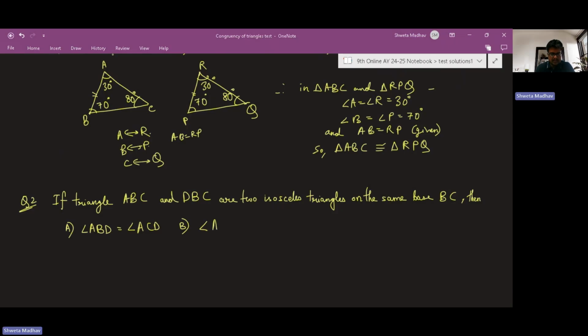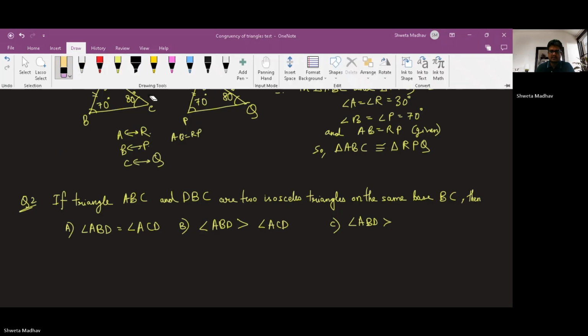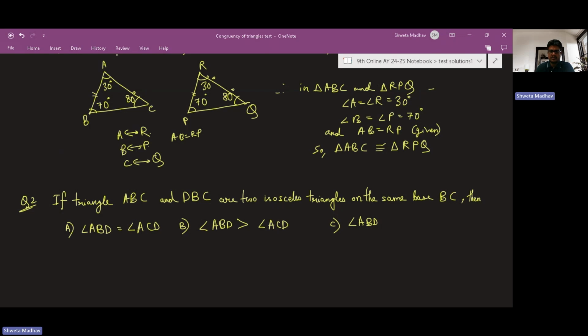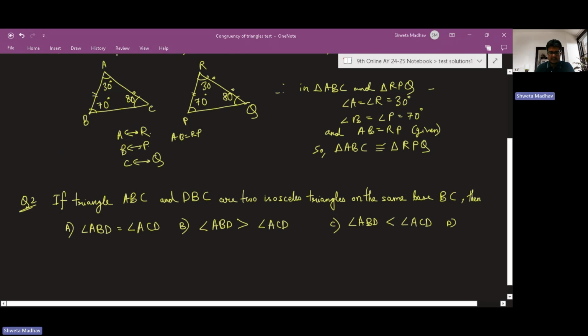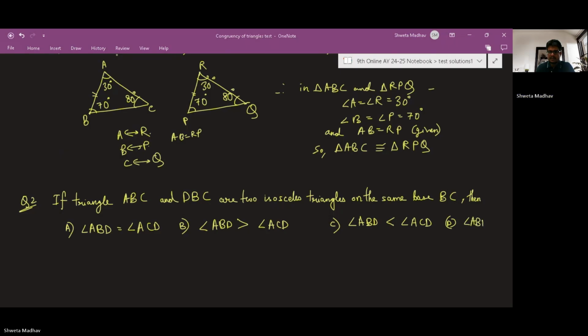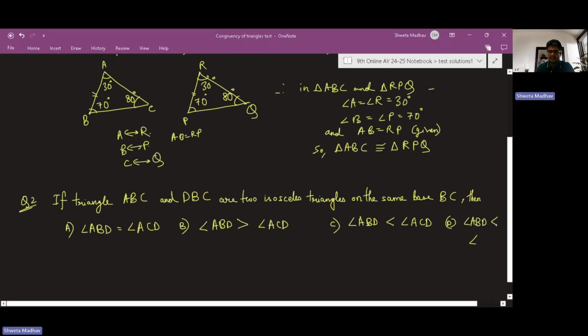Option B is angle ABD is greater than angle ACD. Option C is angle ABD is less than angle ACD. Option D is angle ABD is less than angle CAD.